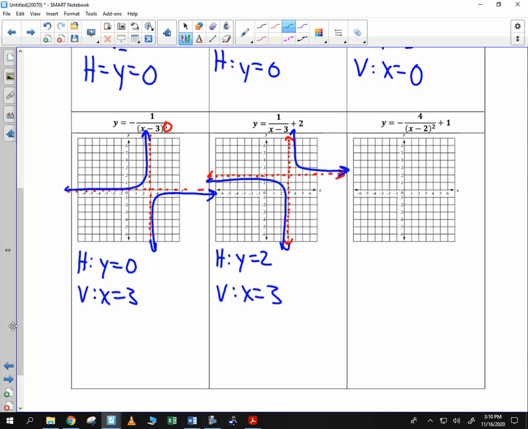We got this last guy. We're going to go to the right 2. We're going to go up 1. Since it's squared, they will be next to each other. Negative flips them upside down. So horizontal asymptote of y is equal to 1. Vertical asymptote of x is equal to 2.